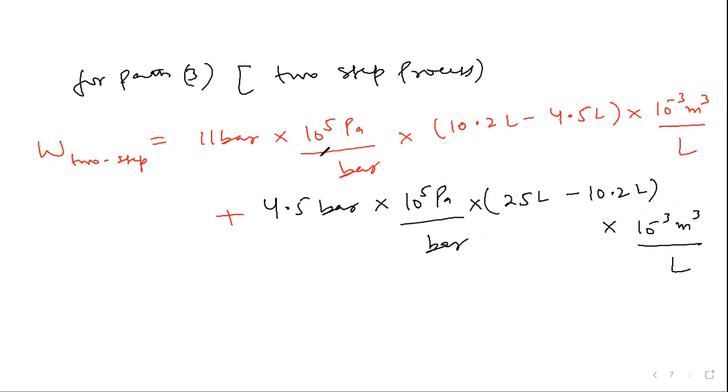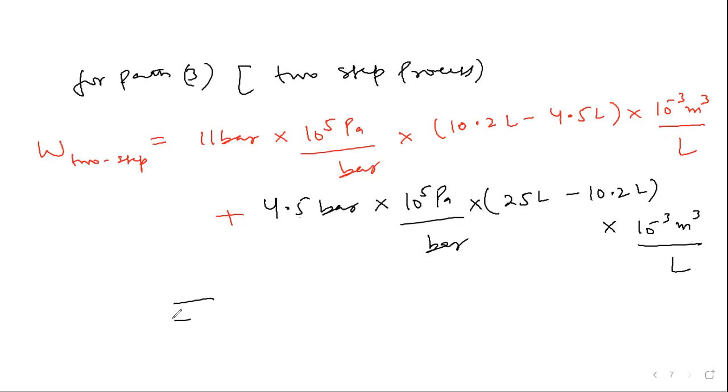I check the values. 11 bar times 10 raised to 5 Pascal by bar, conversion factor, times the difference in volume for the first portion of the path, 10.2 liter minus 4.5 liter, times the conversion factor. Then I have the second piece of the path. The work done for that piece is 4.5 bar times 10 raised to 5 Pascal over bar, conversion factor, times the difference in volume, 25 liter minus 10.2 liter, times the conversion factor.